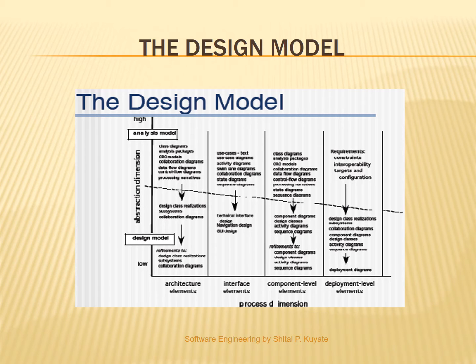The elements of the design model use many of the same UML diagrams that were used in the analysis model. The difference is that these diagrams are refined and elaborated as a part of design.